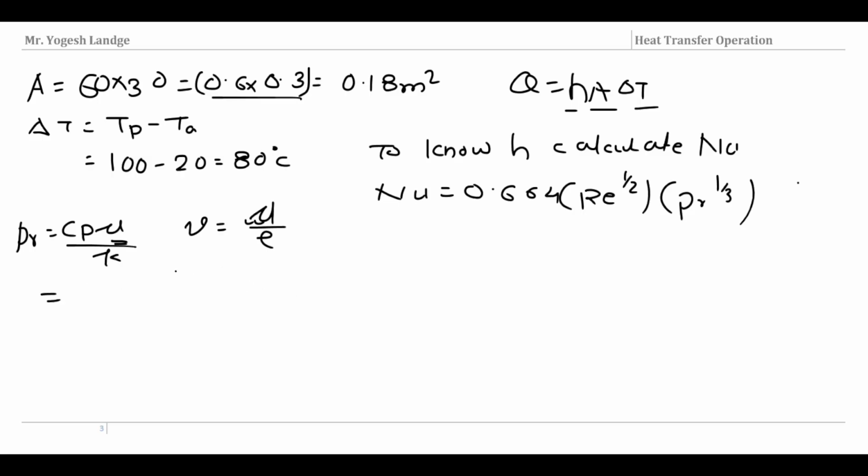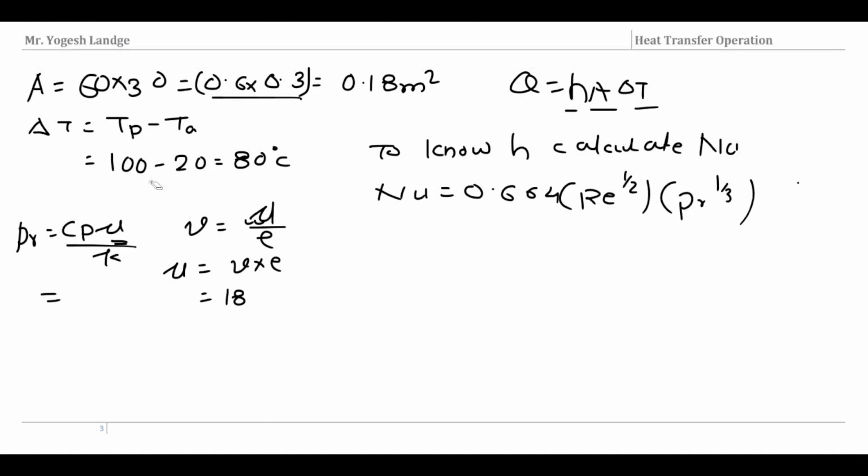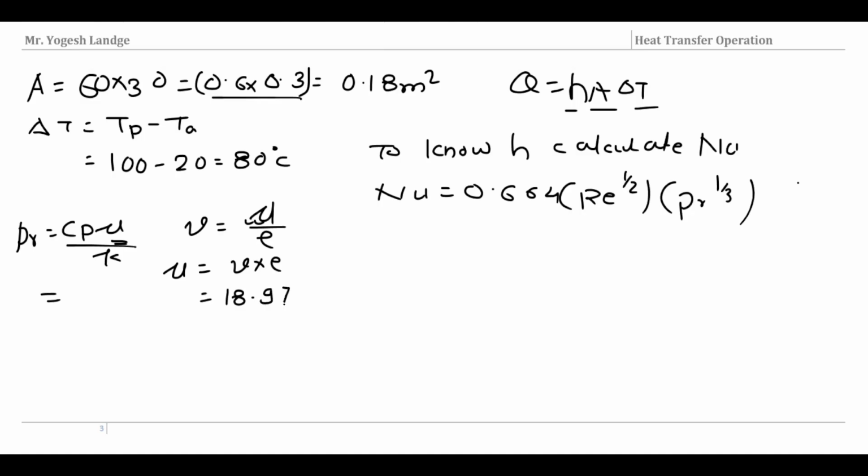First we calculate the viscosity. Viscosity is equal to nu into rho. The value of nu is 18.97 into 10 raised to the power 6, multiplied by the density, which is 1.06.